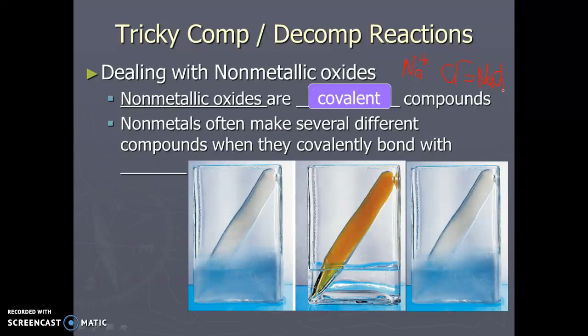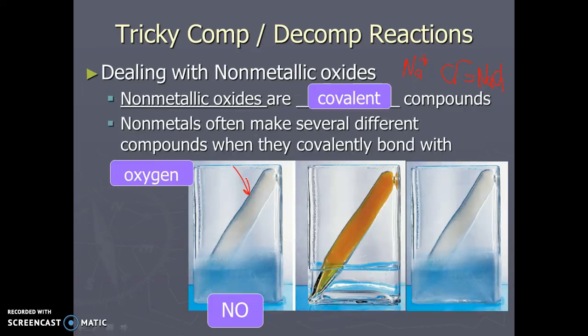But for covalent compounds, they can often make several different compounds when they're covalently bonded with the same elements. For example, when nitrogen bonds with oxygen, there are several different possibilities for what we could end up with. Sometimes we get this colorless gas, which is nitrogen monoxide.